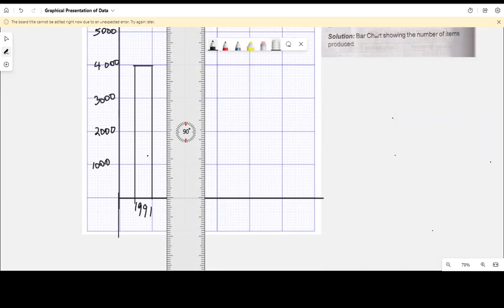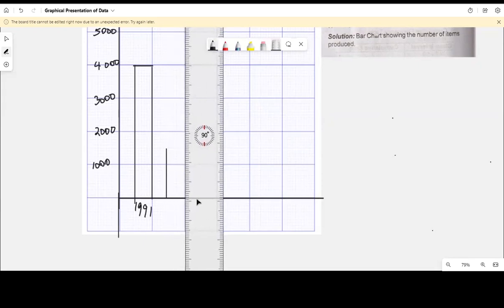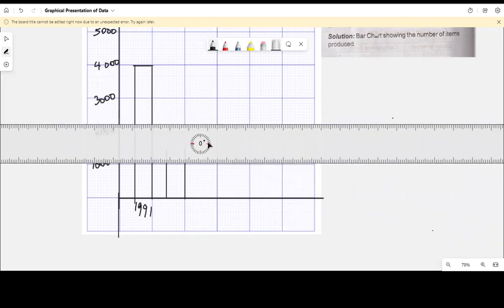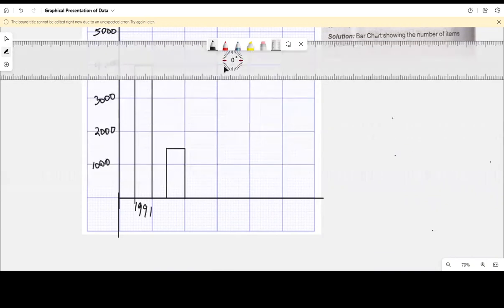This is 2,000. 1,500 should be at the middle. It should be somewhere here. Okay, so they will complete it. That is for 1992. Let's write 1992 under it.